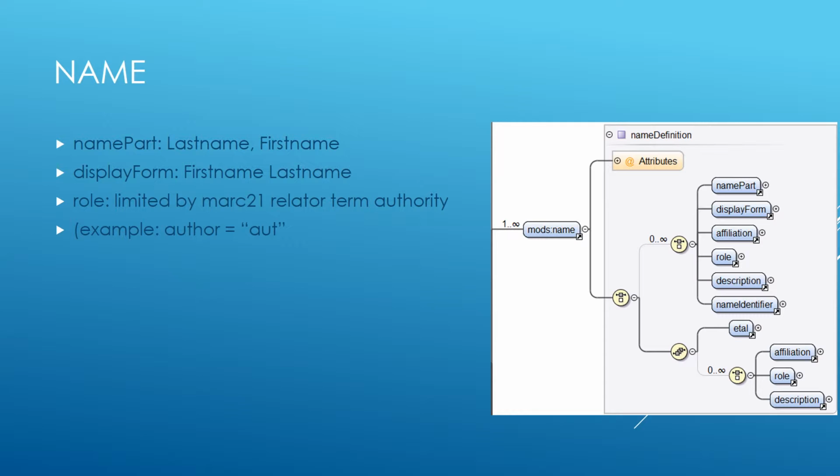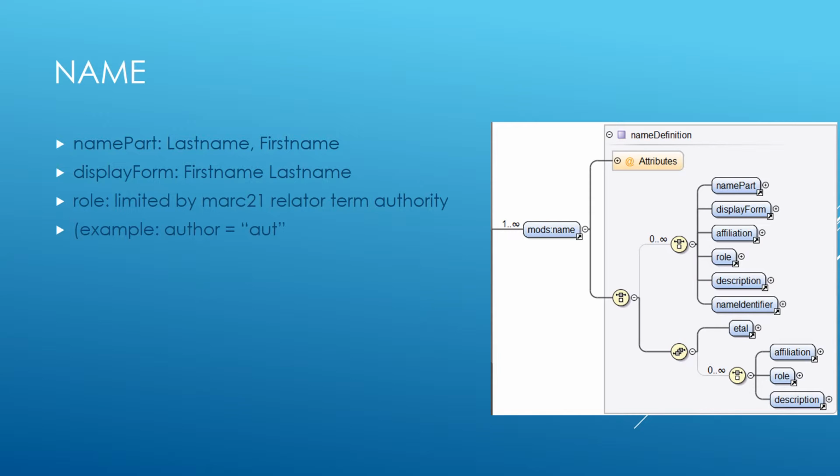So in this case, name part is kind of your last name, first name. It's how the name is stored in the database. Display form is how the name would be displayed, with the first name first, last name last. And then we have the role.